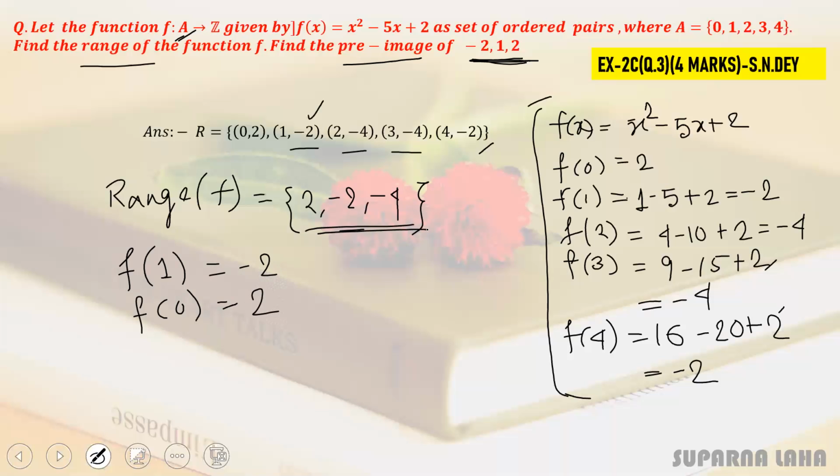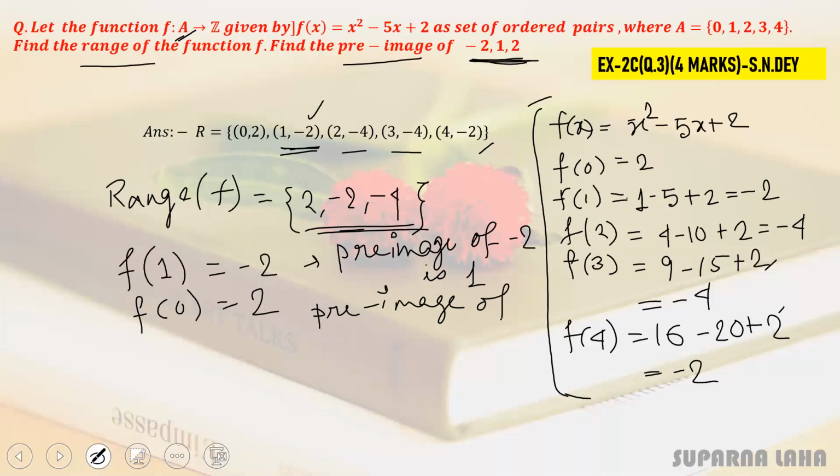Is there any element 1? That means the pre-image of minus 2 is, look at this element, 1. The pre-image of 2, look at this element, is 0, and this element 1 does not have any pre-image.